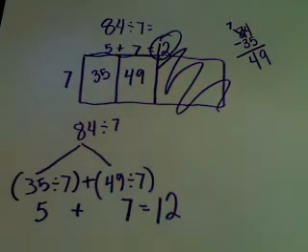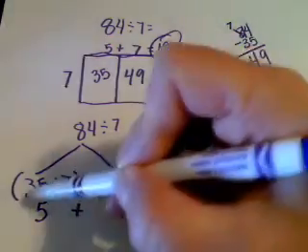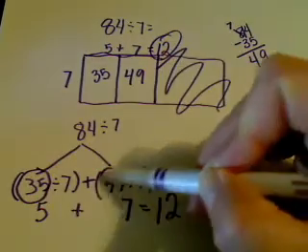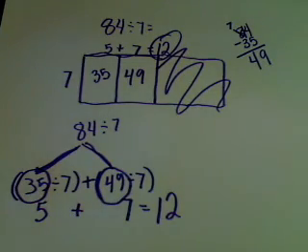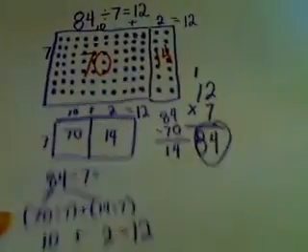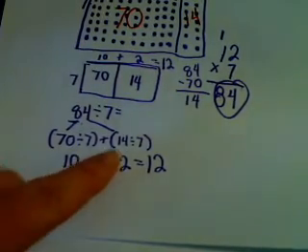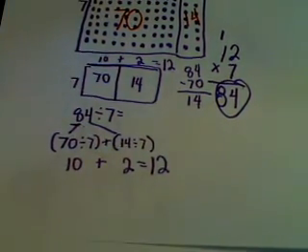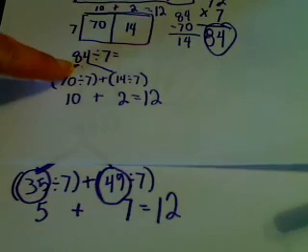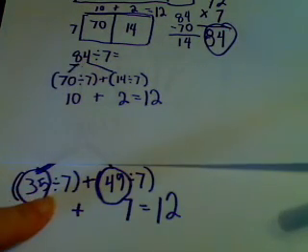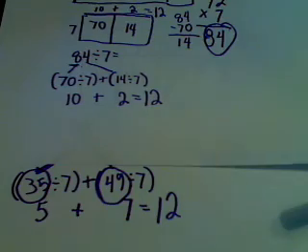So when you're doing the distributive property, there's different ways you can break the numbers apart. But no matter what you break them apart with, be it a 35 and a 49 that make 84, or what we did here, where a 70 and a 14 made 84, either way, as long as they add up to what you started with and you're dividing by what you're supposed to be dividing by, you'll get the same answer.